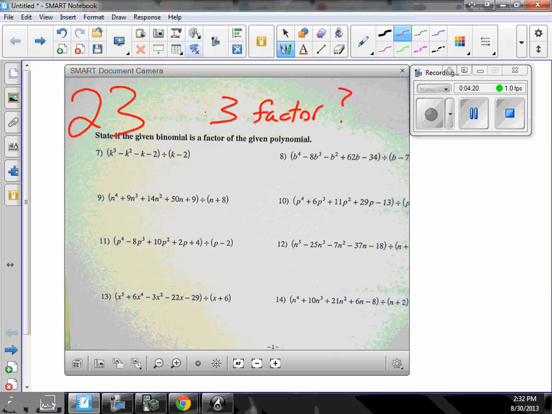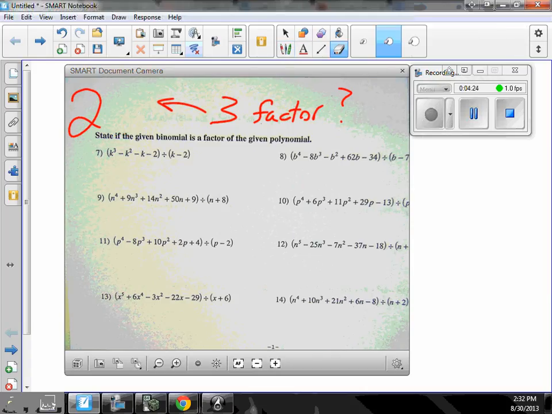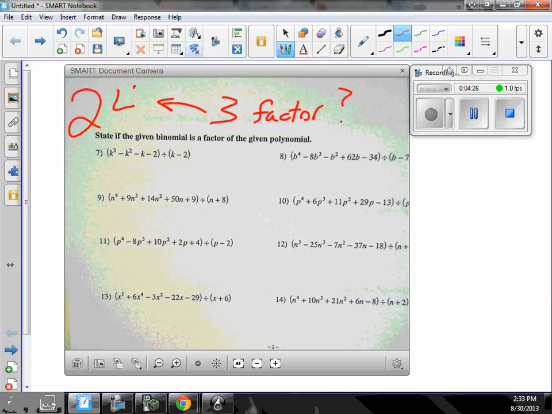Is 3 a factor of 23? Well, that's a bad one. Apparently this heat is getting to me too. Is 3 a factor of 24? How do you know? Because 3 times 8, or you could also say, when you divide 24 by 3, you get 8, remainder 0.